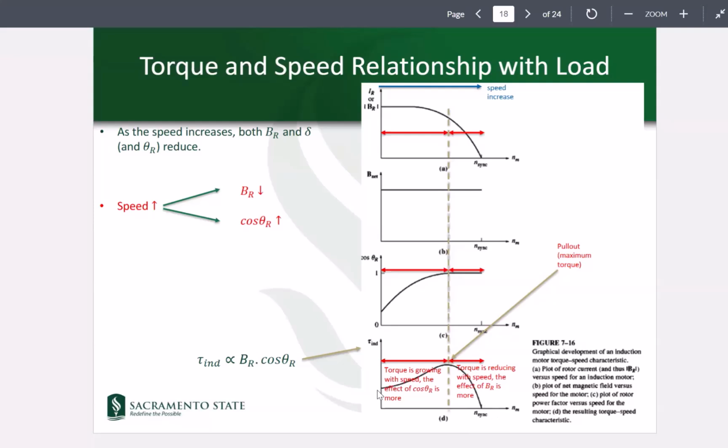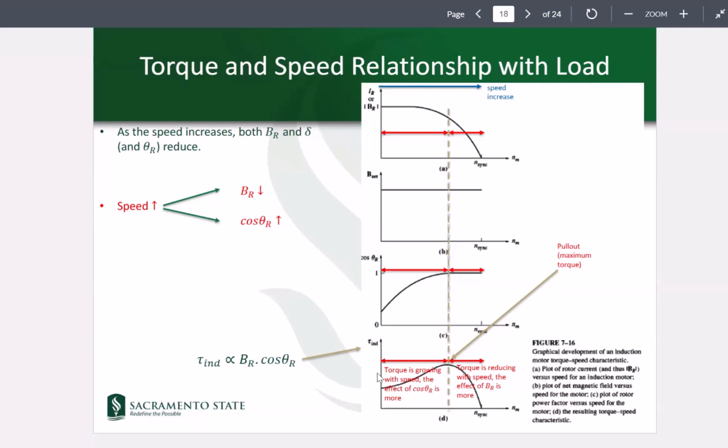In between, we are rising the torque and reducing the torque as you are changing from the 0 speed to the synchronous speed. You reach a maximum point, which you call the pull-out torque, the maximum torque in here. So this is the maximum torque that you can create in this machine.